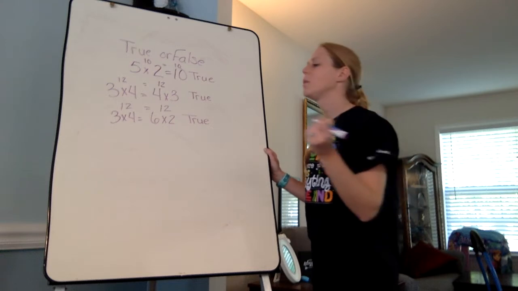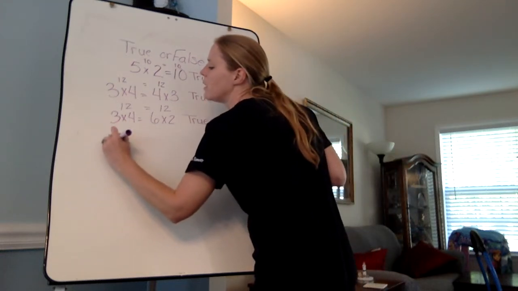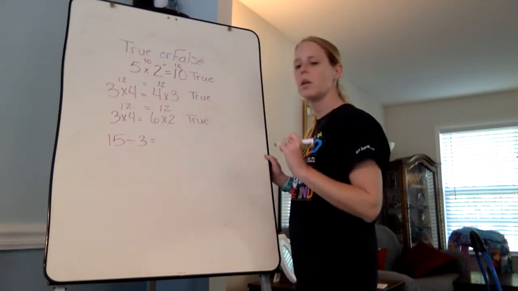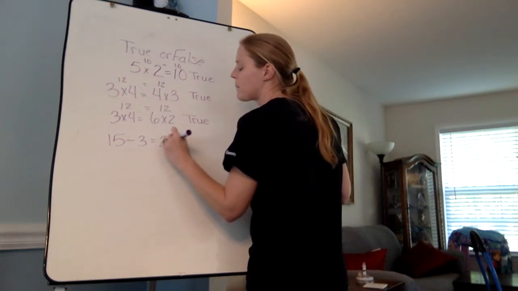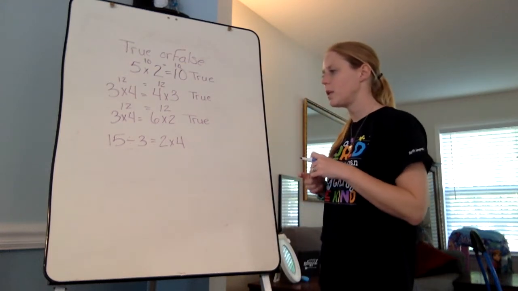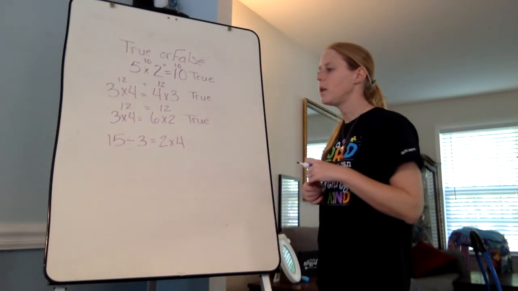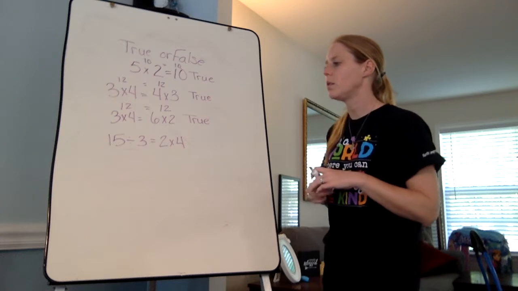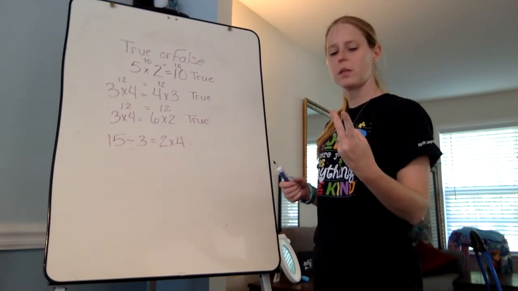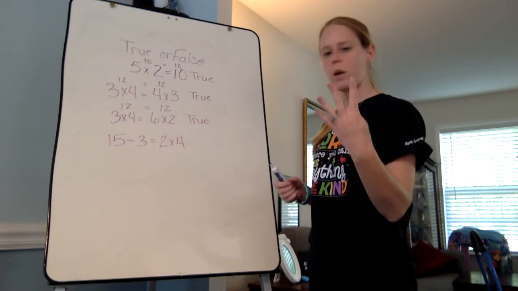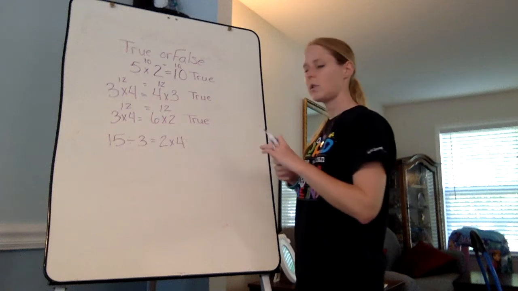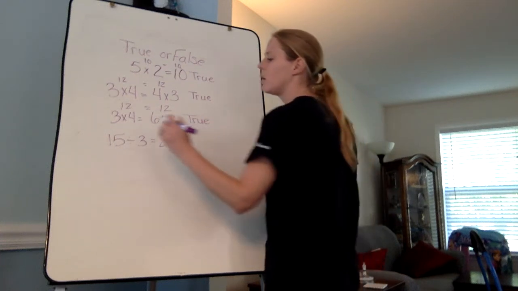What about this one? I wonder if this is going to be 15 divided by 3 equals 2 times 4. 15 divided by 3 is saying 3 groups of something equals 15. So 3, 6, 9, 12, 15. So 5 groups of 3.